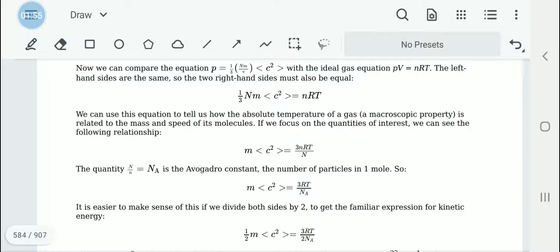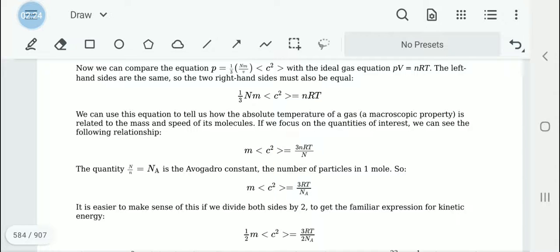So then if we take these quantities into consideration, we can take m into average speed squared is equal to 3 nRT upon N. Then we know capital N over n is going to be the Avogadro constant, that is the number of particles in 1 mole.